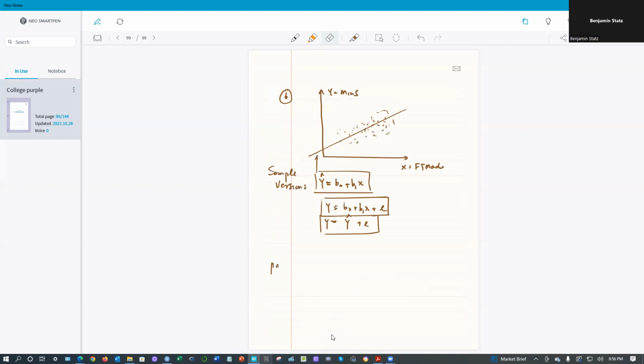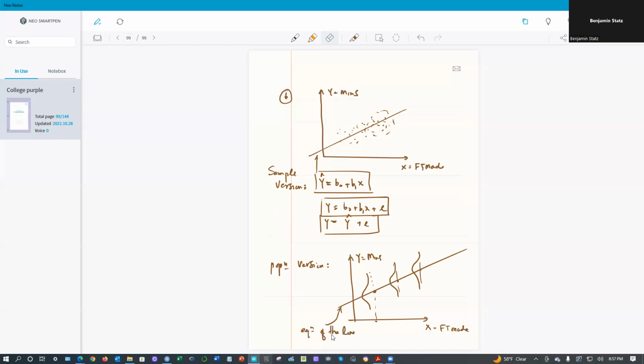Its corresponding population version is the one we carry. x would be FT made, and y would be minutes. For each given x, you have a distribution, and their means will be centered together and combined by a line, the equation of the line.